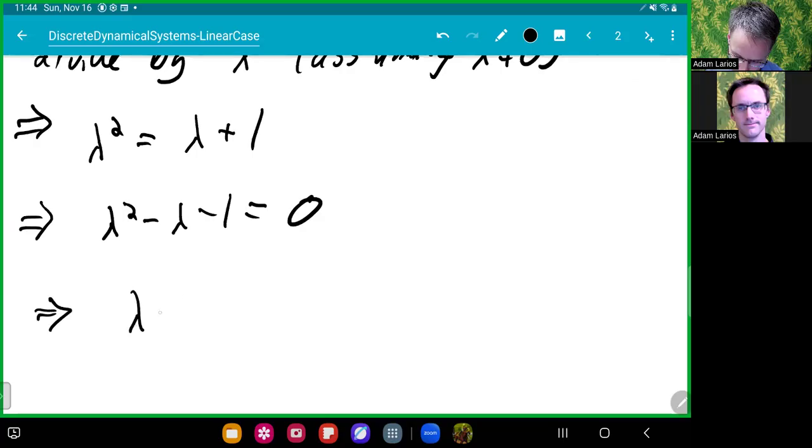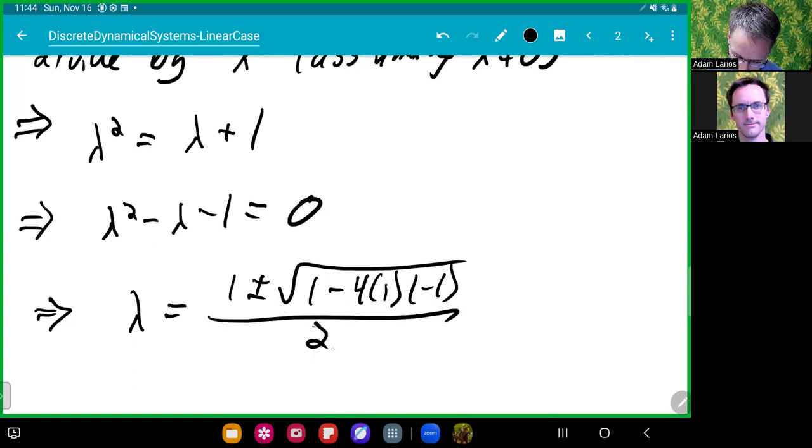So just using the quadratic formula, here we have negative b, so positive 1, plus or minus the square root of b squared, that's 1, minus 4 times 1 times negative 1, all divided by 2. But if we work that out, that's 1 plus or minus the square root of 5 divided by 2.